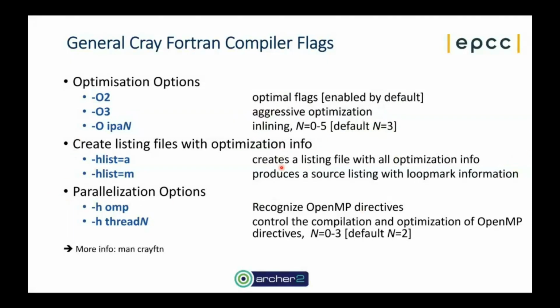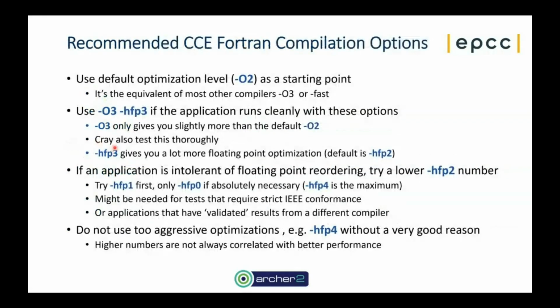These H-list ones here will produce all that info about what the compiler's doing, and then there are parallelization things you can do. For the Fortran compiler, the default level of optimization, if you don't specify anything, is optimization level 2. And then you can get more aggressive by using things like this. But in general, you don't want to go too high on the Cray compiler.